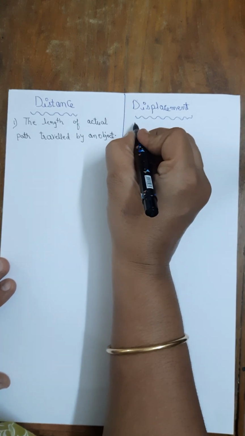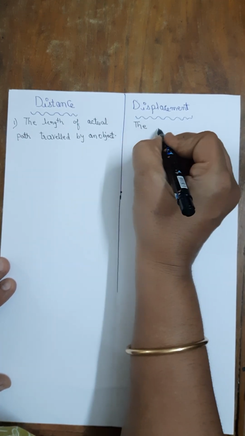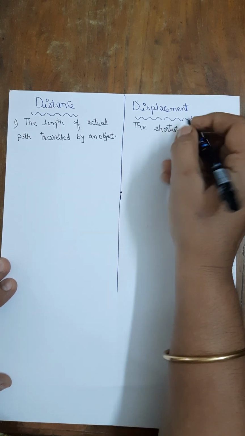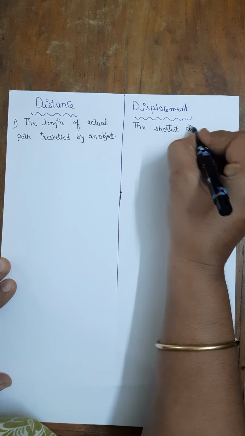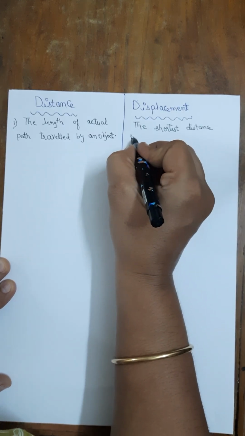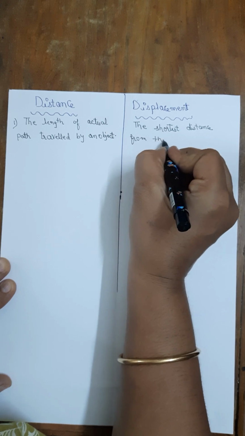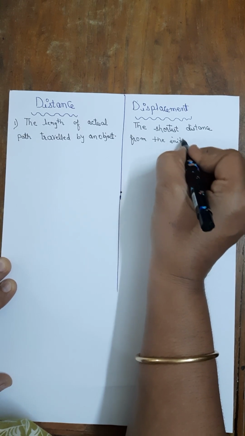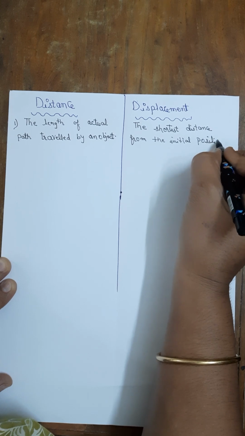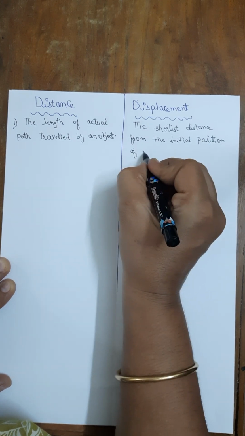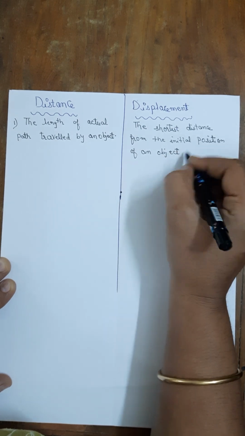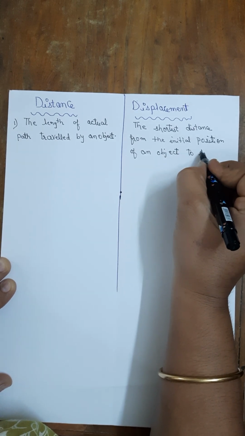Displacement is nothing but the shortest distance from the initial position of an object to its final position.